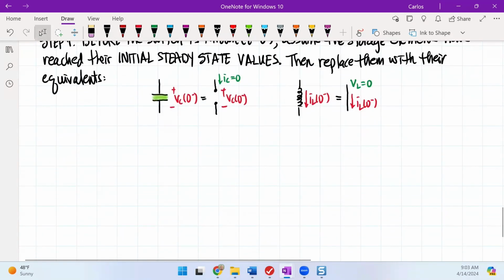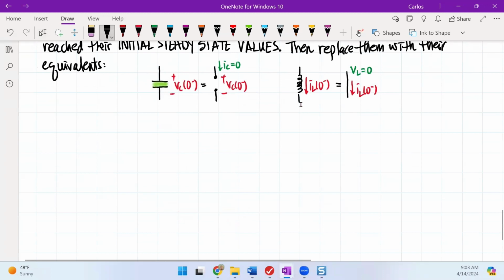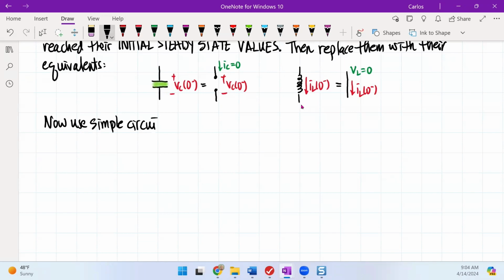So what we do then is now use simple circuits to determine x of 0 minus.